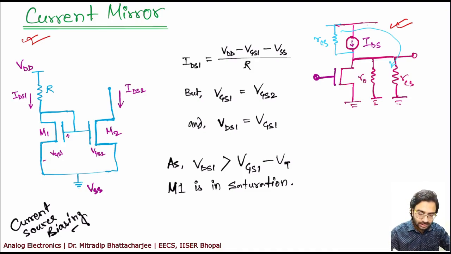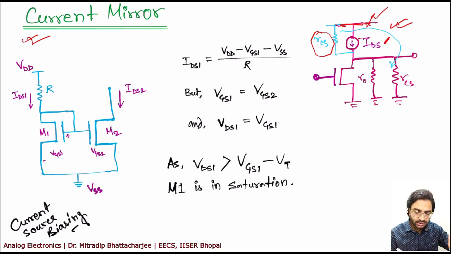Now if you see this circuit where you have a current source, the resistance associated with this current source, RCS, as shown in here, will be very high, right? This is what a current source is all about. It ideally should be infinite. Now what is the advantage of this? Because it is a current source, this terminal is ground.